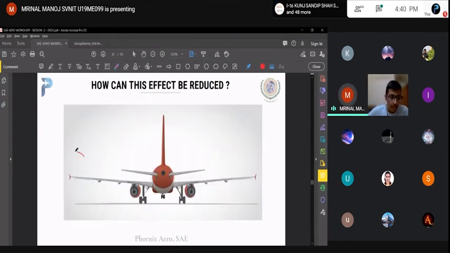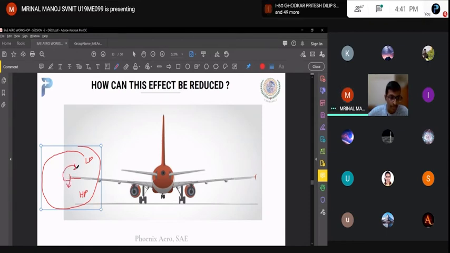You have your low pressure here and your high pressure here. When the air starts bleeding out into the low pressure area, it just would not reach there because of this fence-like structure, the winglet. It'll just come down and won't reach up there. This is how a winglet reduces this effect.